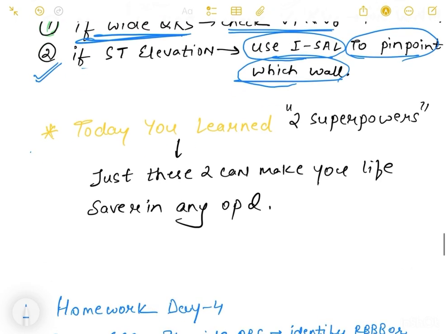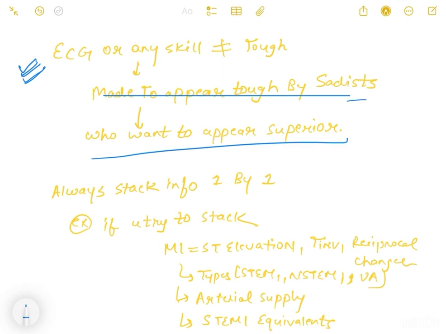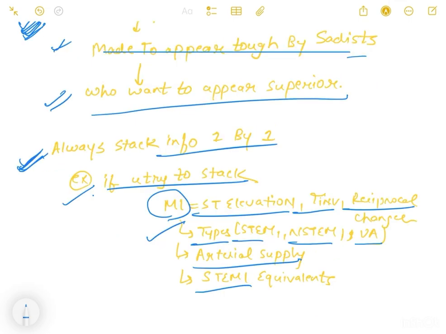So now you have learned 2 superpowers today. Just these 2 can make you a lifesaver in any OPD or any emergency. Look, ECG or any skill is not tough. They are made to appear tough by sadists because they want to show that they are superior. Always stack information one by one.